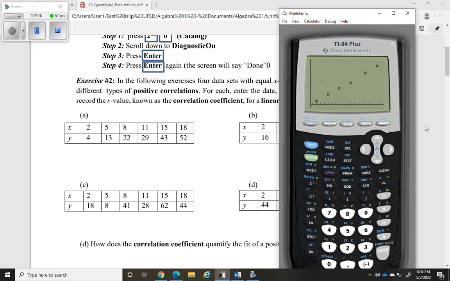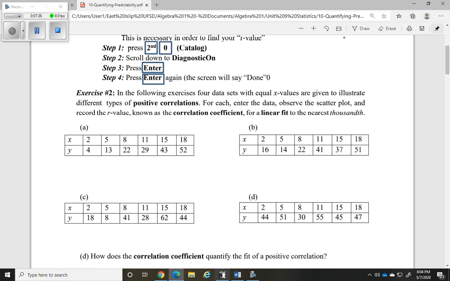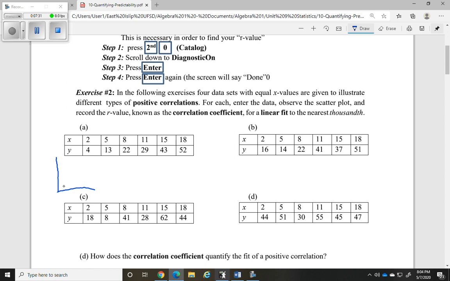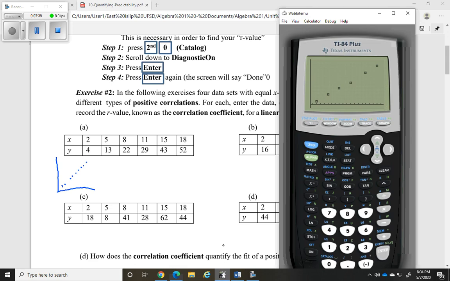Looks like maybe it's a tiny bit off. Maybe it really is just perfect. But anyway, if I were to do a sketch of that plot, I would do something like that. But we need to learn how to find the R value.